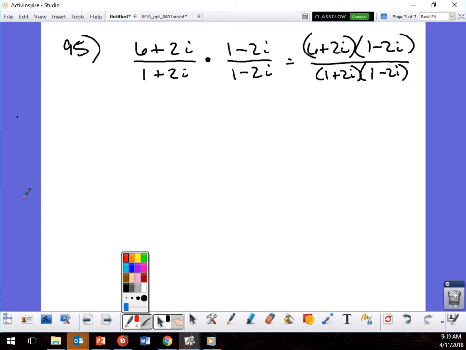So on the top right here, on the top I'm going to get 6 plus 2i times 1 minus 2i.